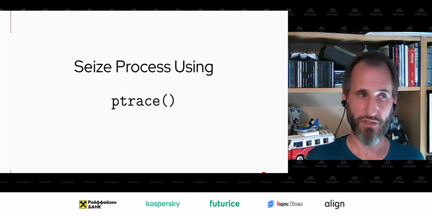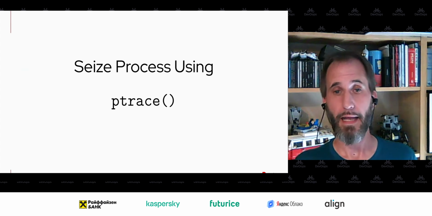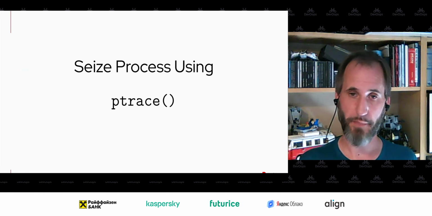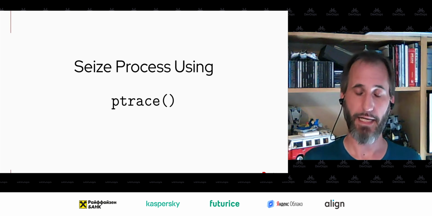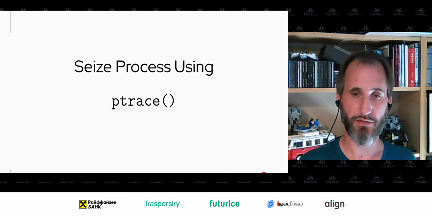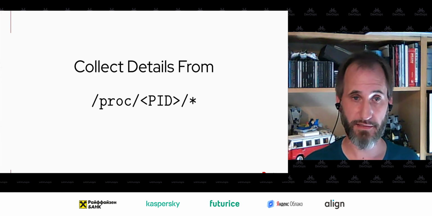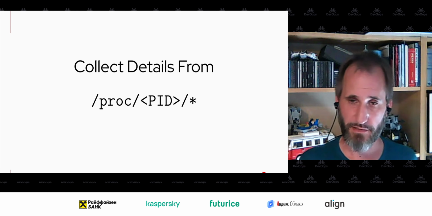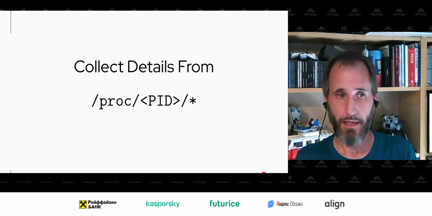CRIU pauses the process using ptrace, so the process is no longer running. And during that time, CRIU collects all the information about the process necessary for checkpointing and restoring and writes that information to disk. And this mainly happens using the /proc/PID interface to get information about the running process.